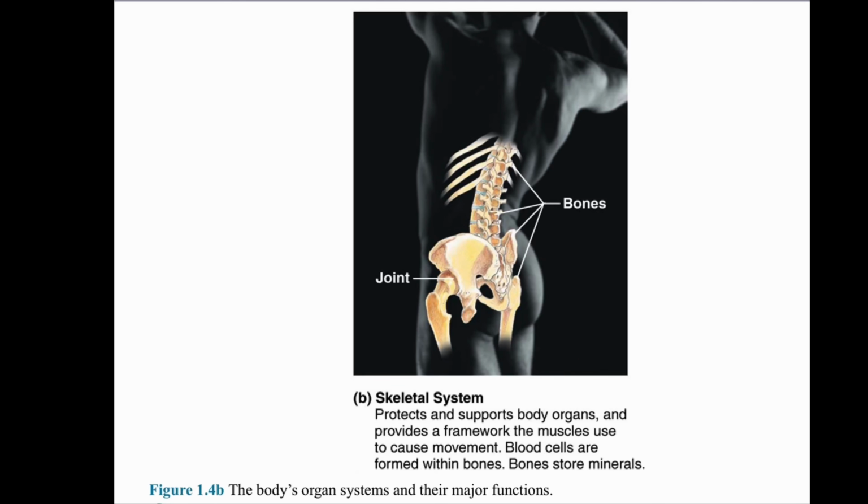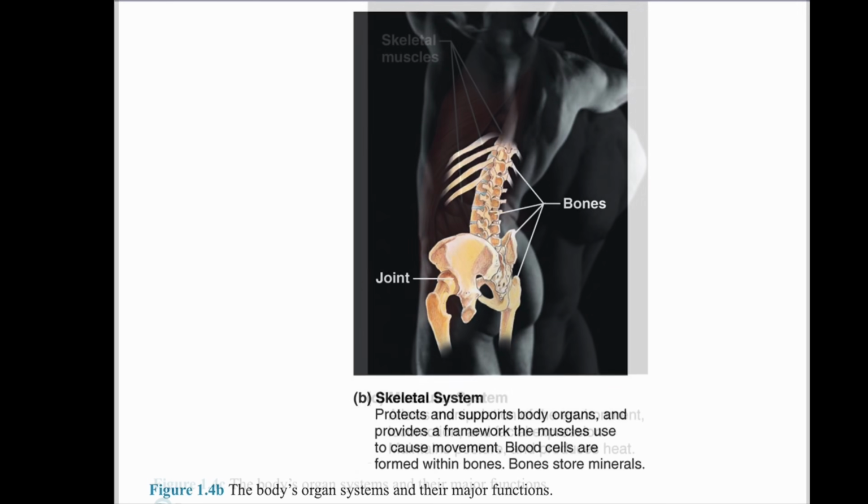Let's look at the skeletal system. The major organs of the skeletal system are the bones, associated cartilages, associated ligaments, and bone marrow. Some functions of the skeletal system are it provides support and protection for other tissues, also stores calcium and other minerals, and will form blood cells.